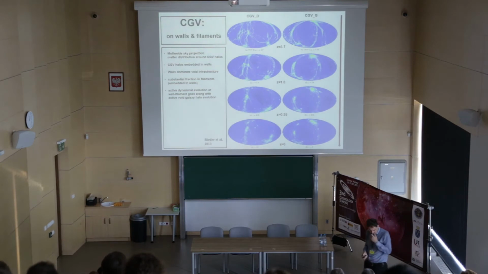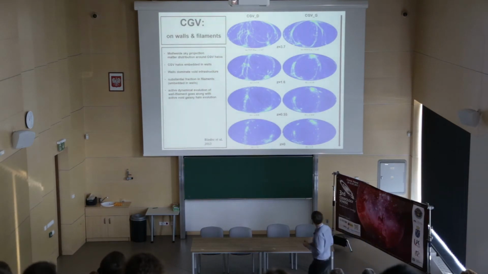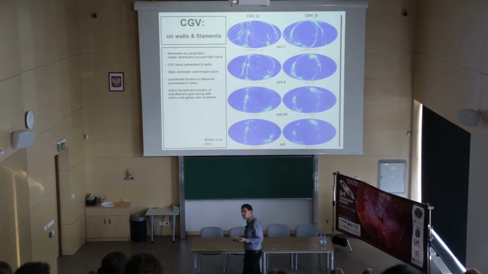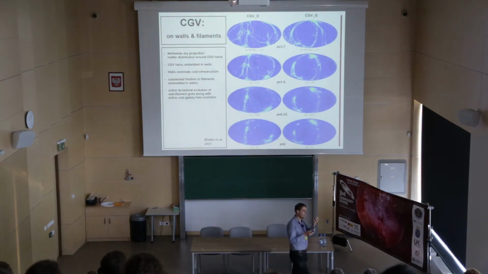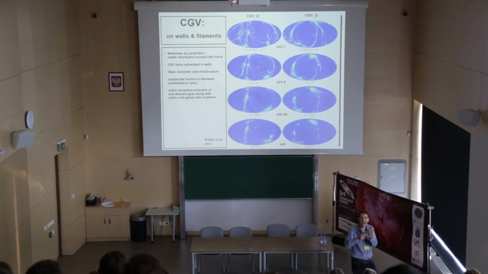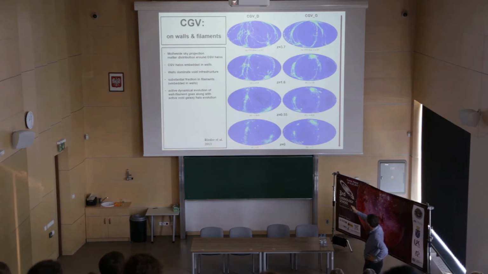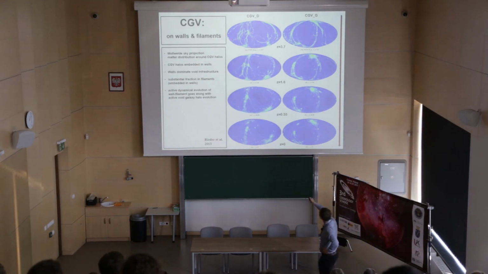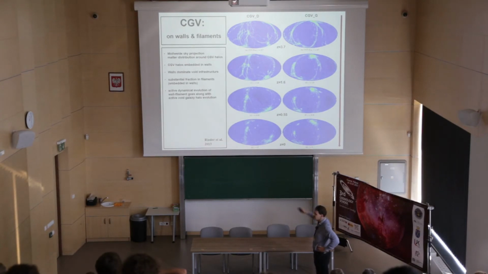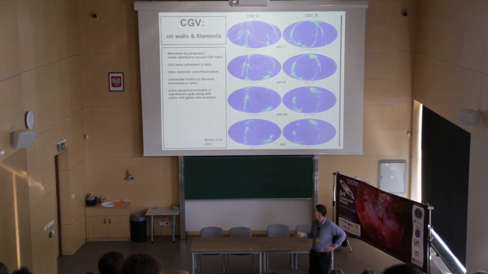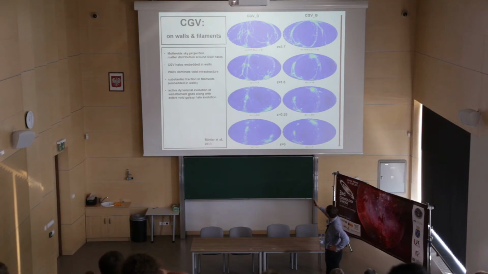Right? Now, if you want to see this in another way, you could, for example, imagine yourself sitting on a galaxy or a clump and looking around you as the universe is evolving. And you look at the mass distribution, and here you see what happens. You see here a sky distribution of the mass around you, and you see it has quite some structure. Now, you would think that these are filaments, but that's not true.